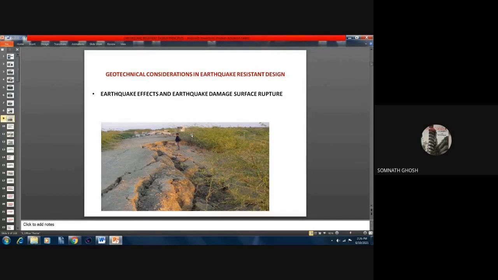In code, in IS 1893 or any other earthquake code, if you just go through the preface, generally people are not interested to go through the preface, but if you go through that preface, then you will be able to understand what kind of study they made after earthquake at a particular place.